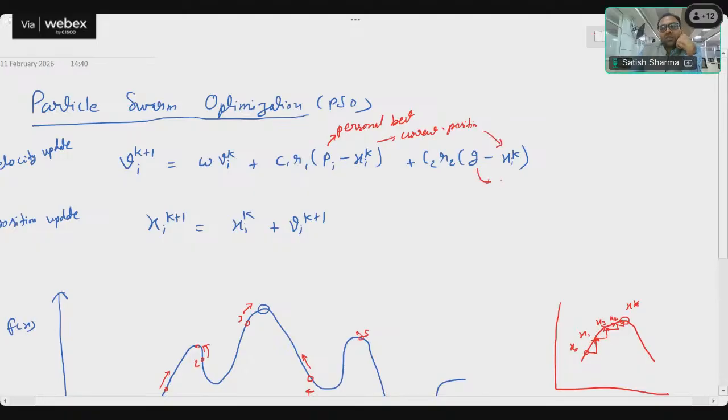This G is the group best, or global best. These are some weights on this particular term. This is the initial velocity, and subsequently this velocity will be used, and this is like the inertia of that particular velocity.